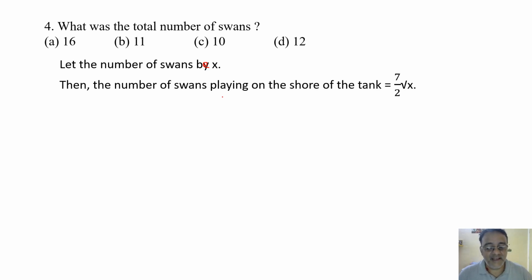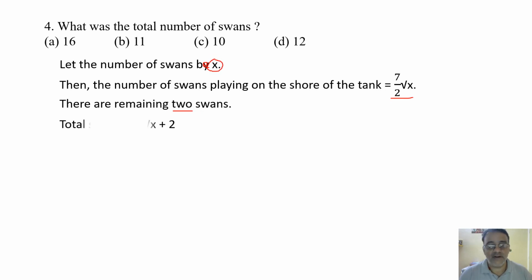Yes, sir. And there are remaining 2 swans playing in the fighting, actually they are fighting, okay? So remaining 2 swans. So what is the total number of swans? This plus 2, and this is equal to x.